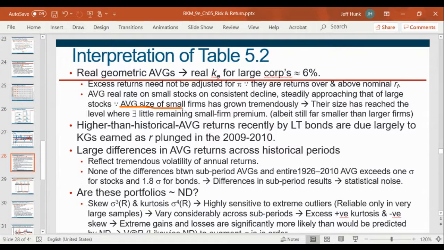It's pretty much because the average size of small firms has grown tremendously, right? What used to be a small company back in 1980, right? Like Apple was a very small startup. Microsoft was a small startup. They are now industry giants, right?